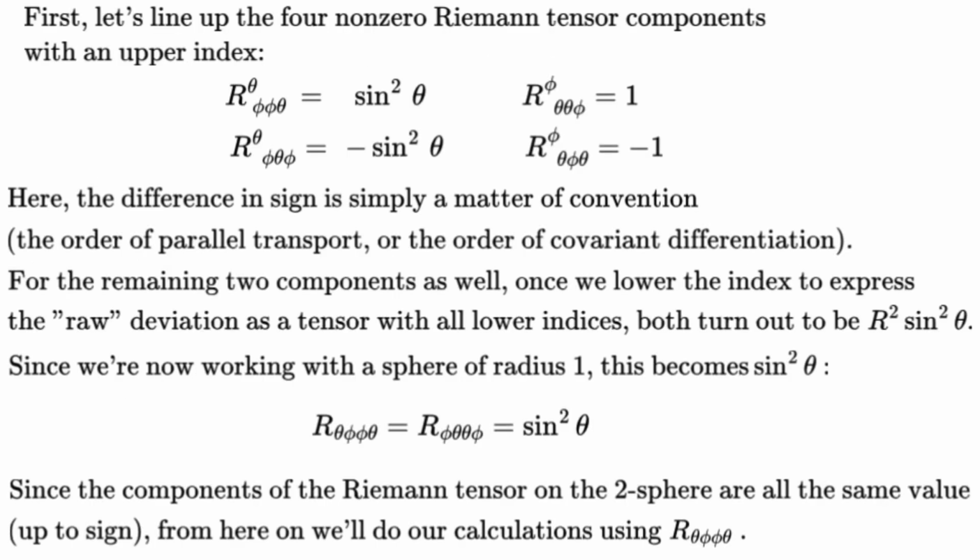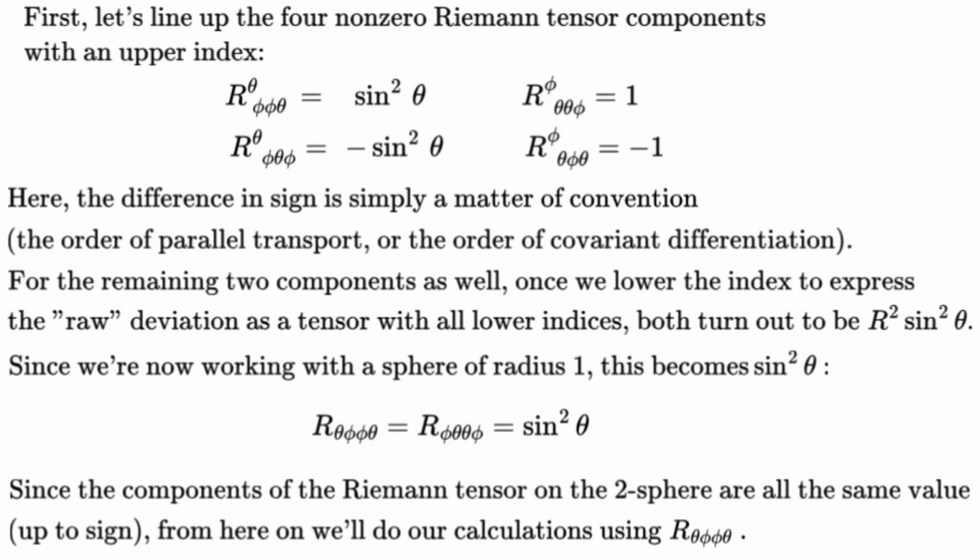First, let's line up the four non-zero Riemann tensor components with an upper index. Here, the difference in sign is simply a matter of convention, the order of parallel transport, or the order of covariant differentiation.